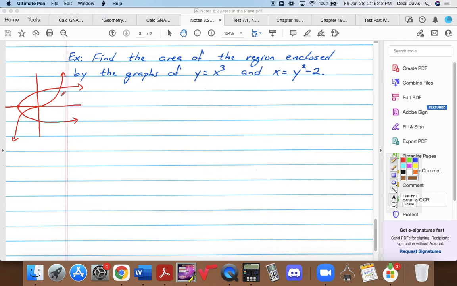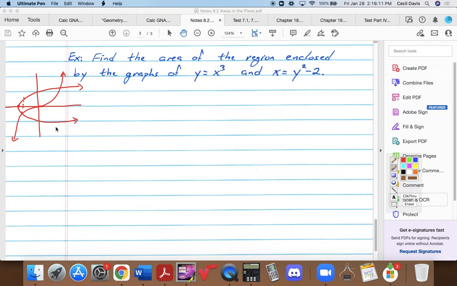Now, with this one, I have a very real problem if I do it in terms of x. And that is this. If you notice right in here, it's going between that same curve twice. That's a problem. You can do it, but you would have to do the positive square root and the negative square root.